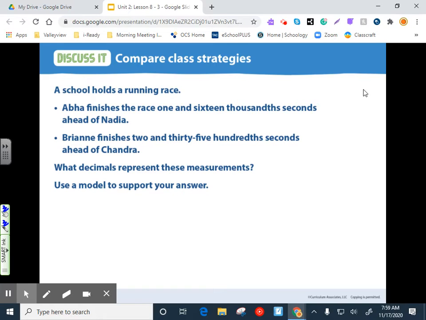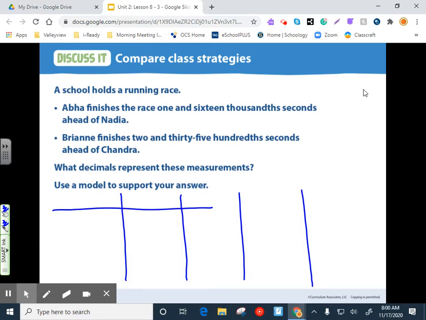Okay. So on your paper, again, I want you to get used to making a place value chart really quickly. And we'll do this. And this will be our decimal column. And actually, I probably made one too many here. Let's get rid of that. Okay. And then label this.